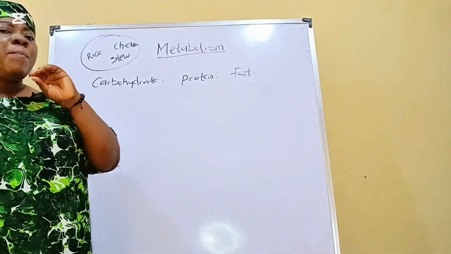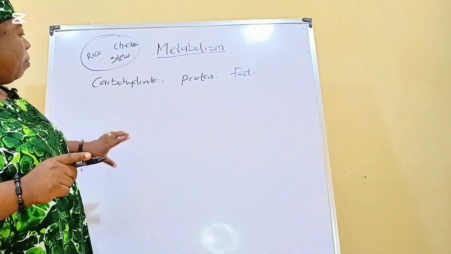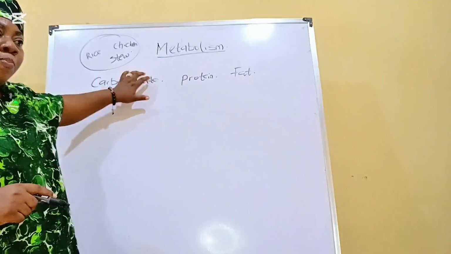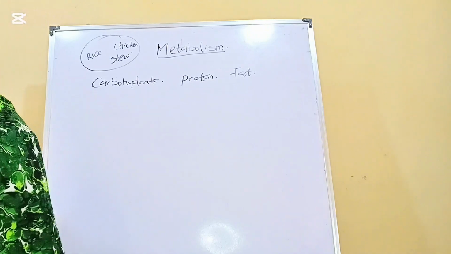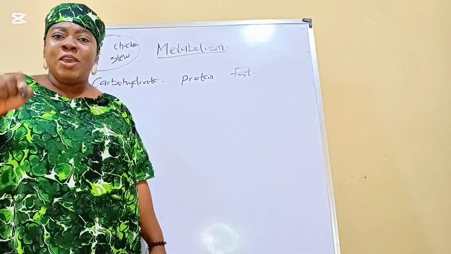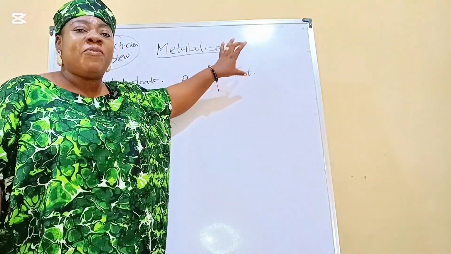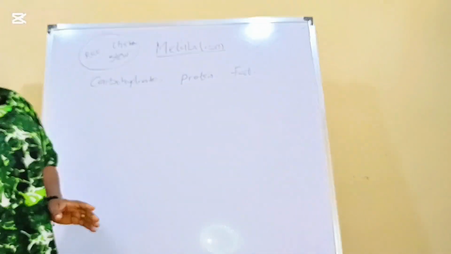Now, our metabolic pathway is that the process where these carbohydrates will be broken down to give you the energy that you need is different from the process where this protein will be broken down to give you the energy. It is also different from the process which this fat will pass through to give you energy.